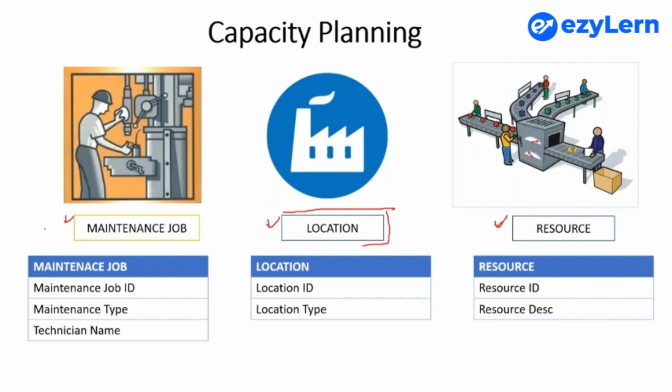So the only thing is that we're going to create a custom master data called maintenance job. There we'll create custom attributes like maintenance job ID, maintenance type, maybe a technician name also.